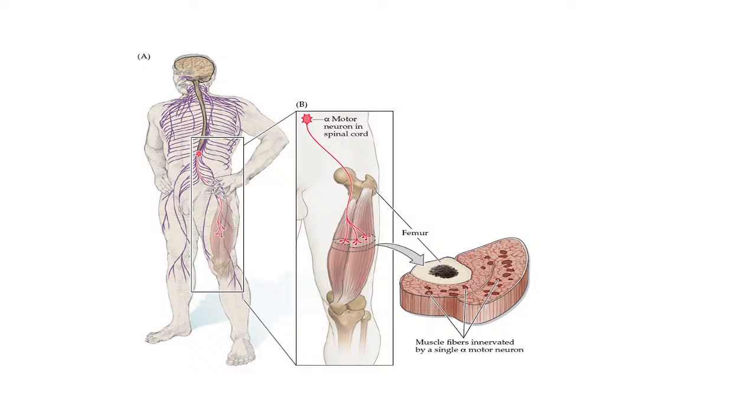So what do you understand from this picture? They don't have to be together. Yes, why don't they have to be together? When they contract, they will contract with the same force, and as they are spread across the entire muscle, the force is dissipated across the muscle.